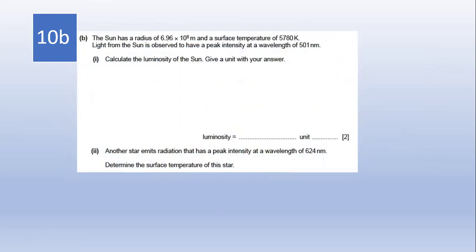The Sun has a radius of 6.96 times 10 to the power 8 meter and a surface temperature of 5780 Kelvin. Light from the Sun is observed to have a peak intensity at wavelength 501 nanometer. Calculate the luminosity of the Sun. Give a unit for your answer. What formula to use?